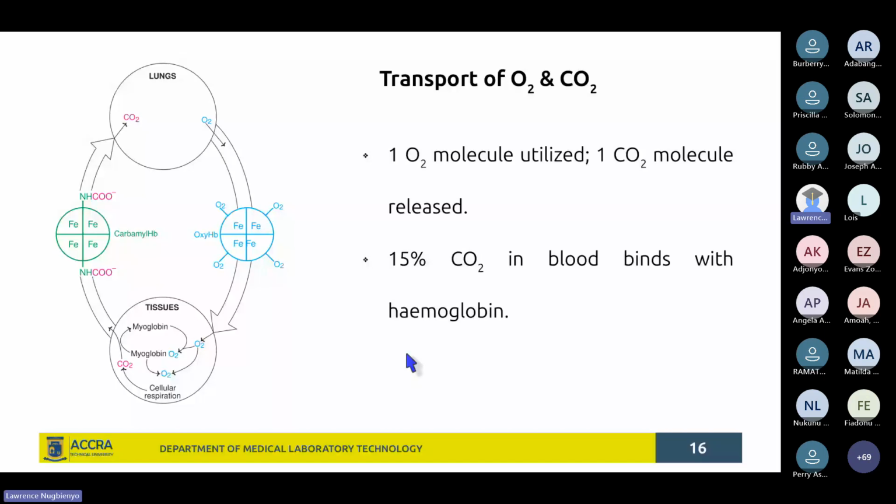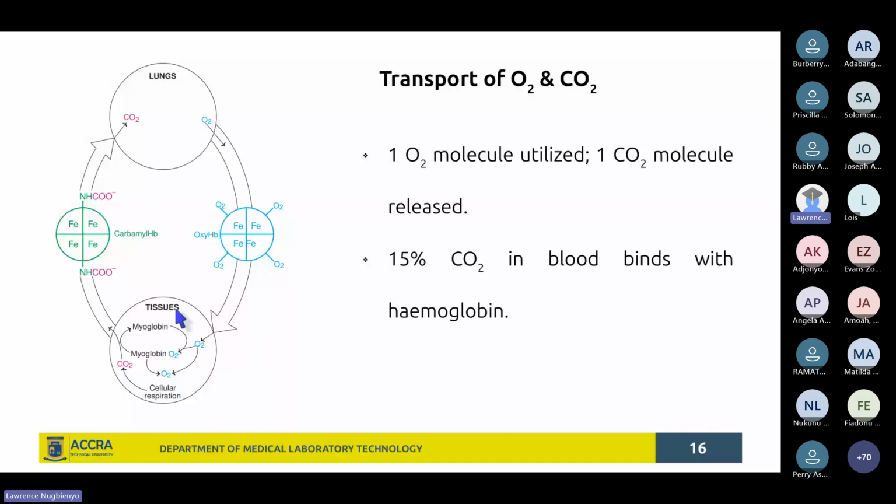Now, on top here, if you are looking at this diagram, which is on the left, the top circle there is depicting the lungs. And the other circle is depicting what happens in the tissues.